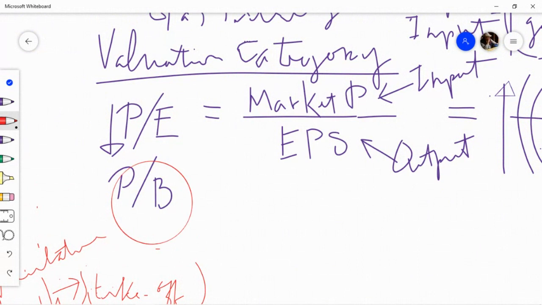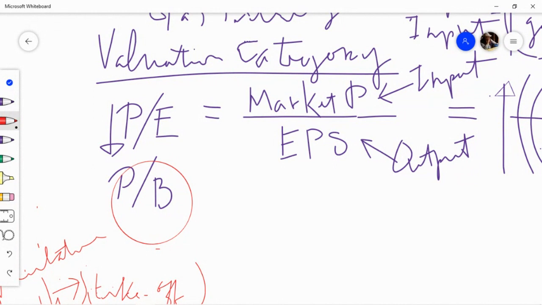And there are three prices: market price, book value, and intrinsic value. The main difference is market price is the actual price, which is determined by demand and supply. So market price is kind of spot price, the real-time price on the spot.